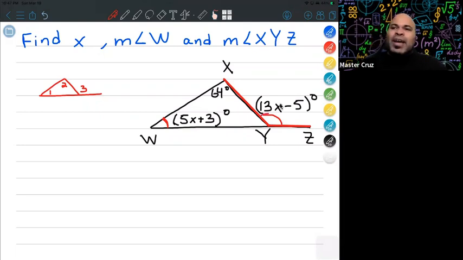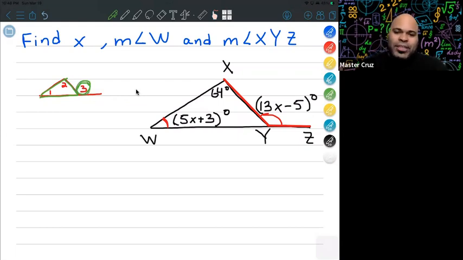First of all, we need to find x. So how can we find x? Well, we don't know anything about this one, but what we do know is the exterior angle theorem. The exterior angle theorem says that if I have a triangle, and this is going to be my triangle in green, and then I have an angle outside of that triangle, if I extend one of the lines, then the measurement of the two angles that are far away from angle 3, if I add them, that's going to give me angle 3.